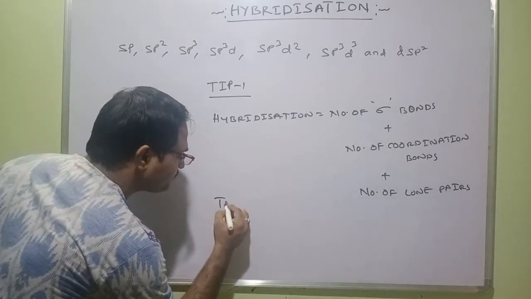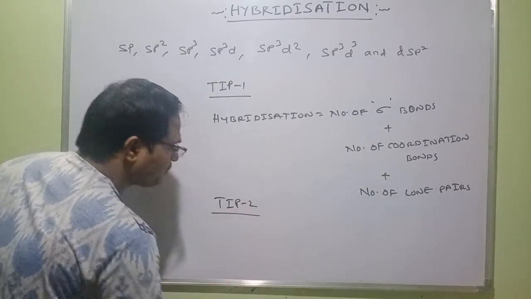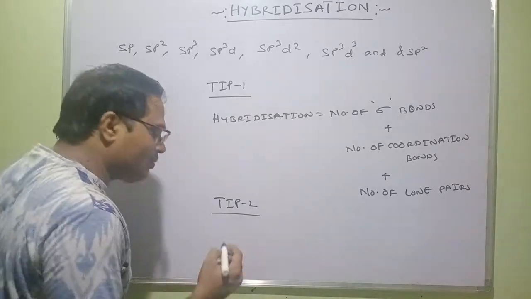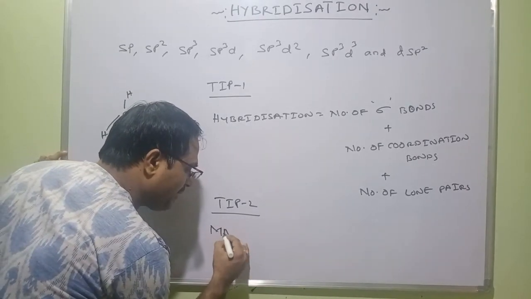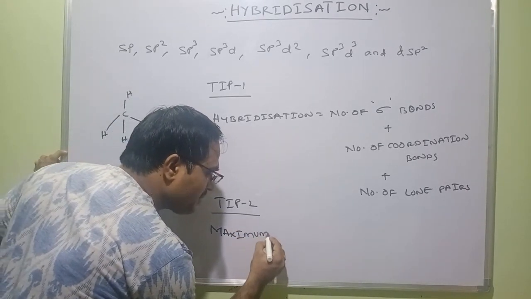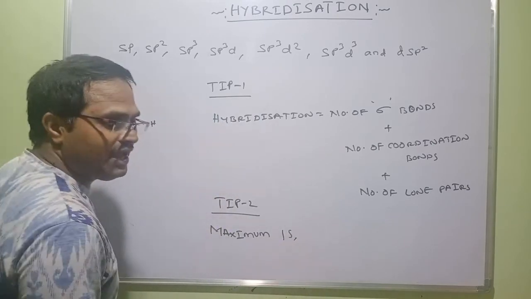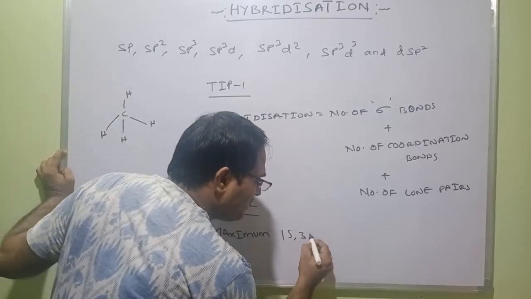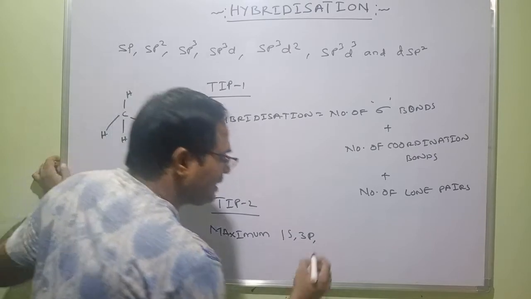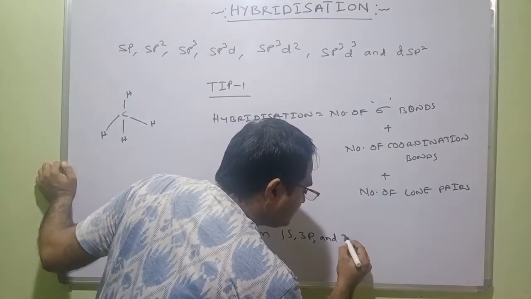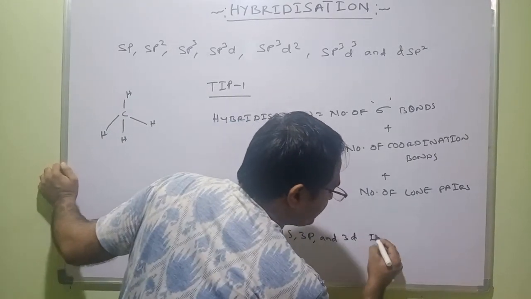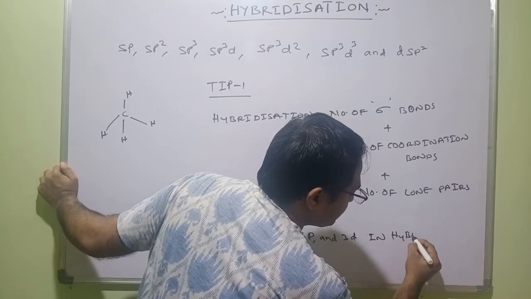Tip 2: Maximum 1 s orbital is involved in hybridization, 3 p orbitals are involved in hybridization, and 3 d orbitals are involved in hybridization.